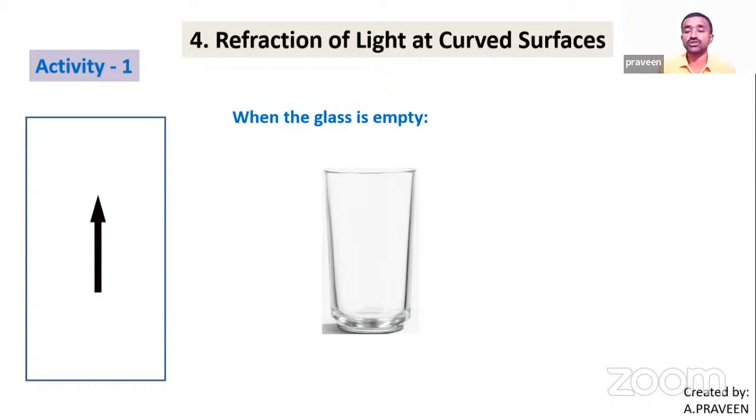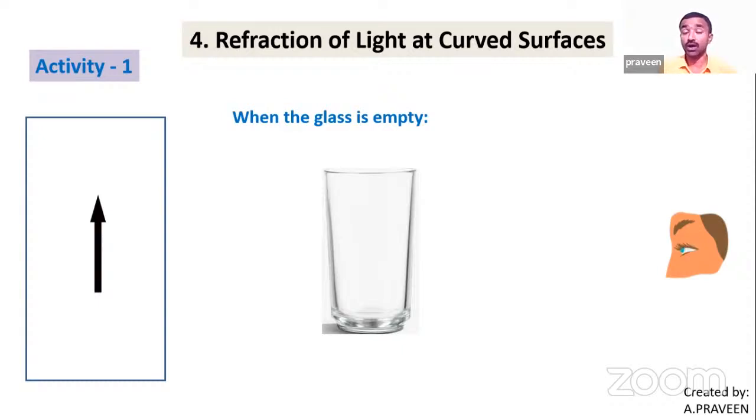So as you see on the screen, just position yourself to see the arrow. So the arrow, the glass and the person are all in the same straight line. The glass is in the middle and the paper and person are on either side of the empty glass. So this is the position.